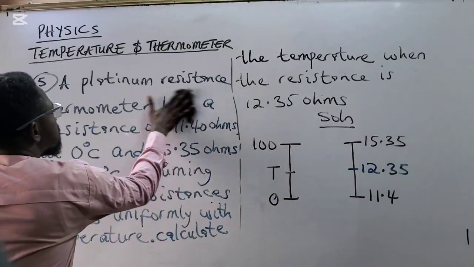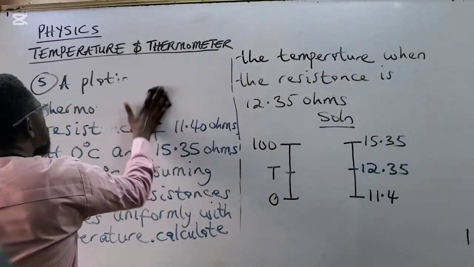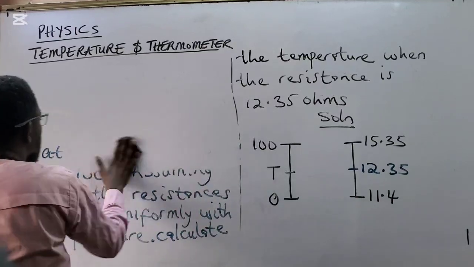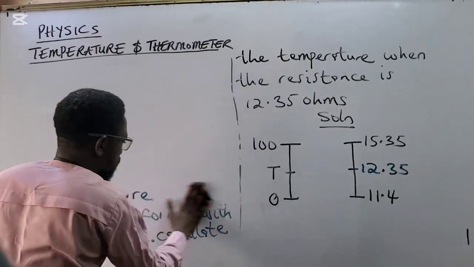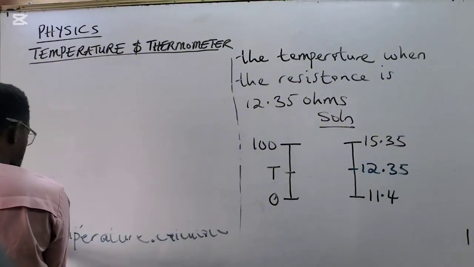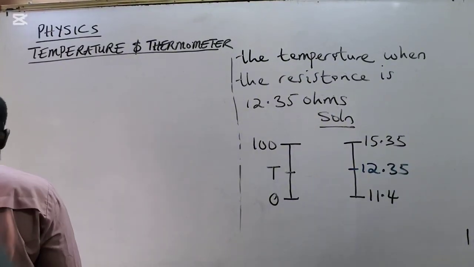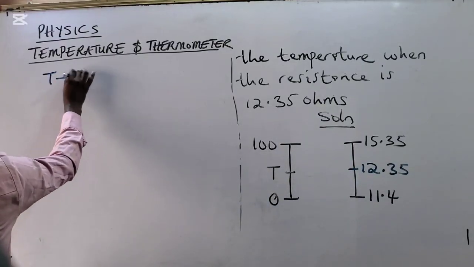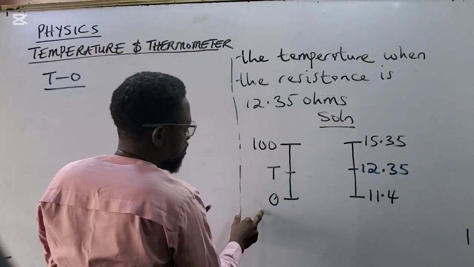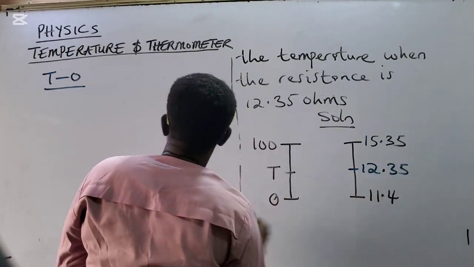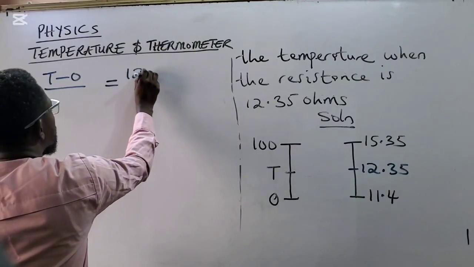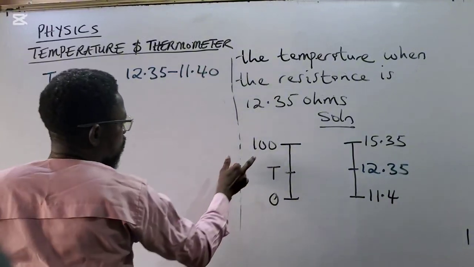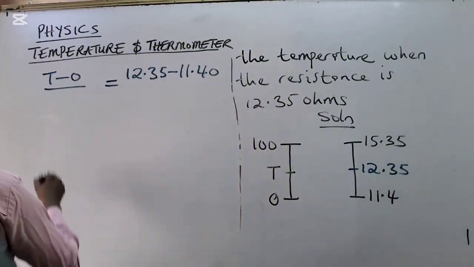So what I'll do now, since I've drawn the figure, is T minus 0, over 100, the upper part minus the lower part, 100 minus 0.